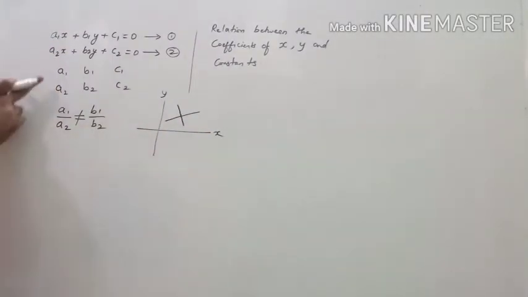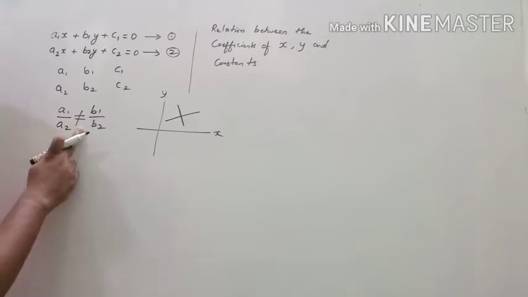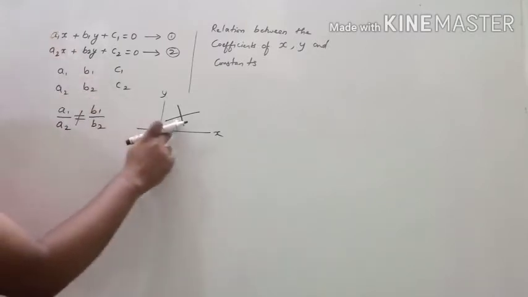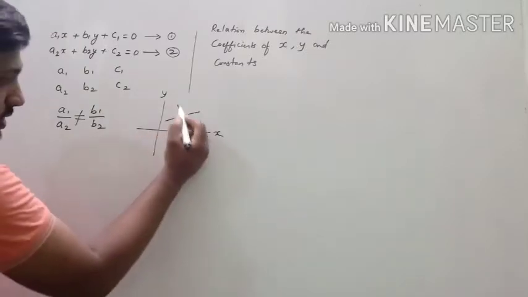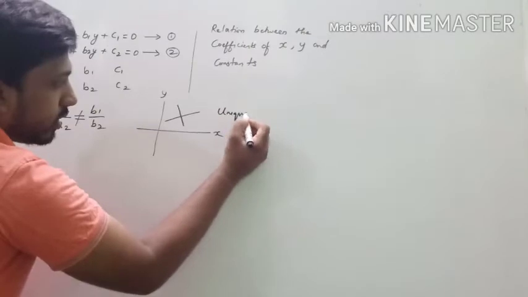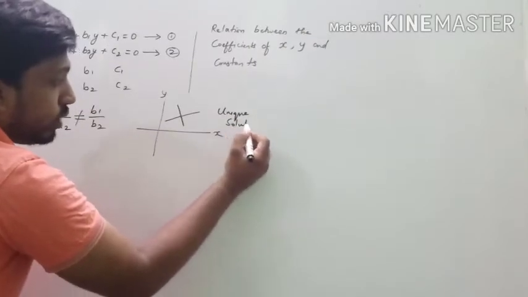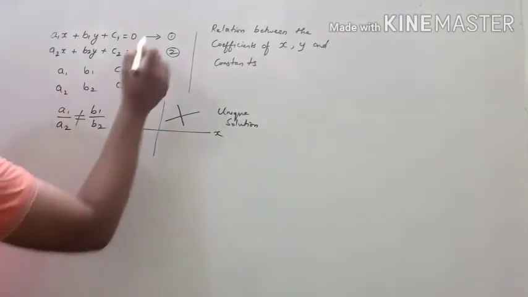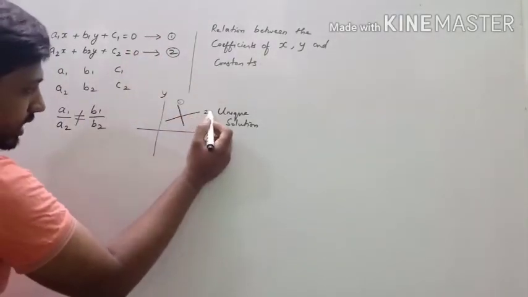So if a1 by a2 is not equal to b1 by b2, then when we plot these two lines on the graph, they will intersect and you will be getting a unique solution, which means only one solution. Let me take this as equation 1 and equation 2.